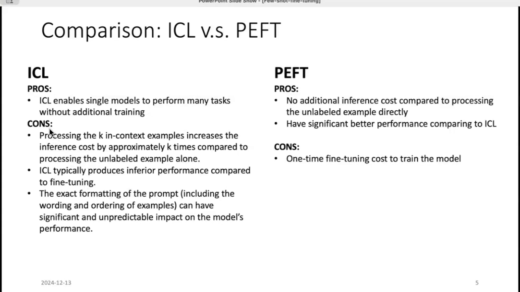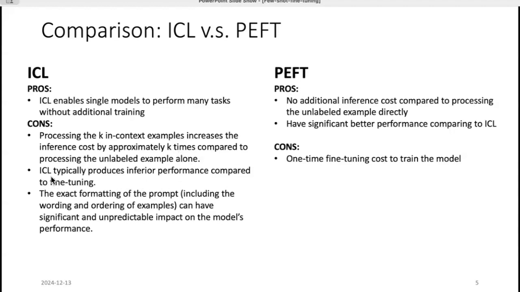The cons of ICL are that the inference time will increase if you provide more in-context examples, and the inference cost will also increase. Most of the APIs charge based on how many input tokens you query the LLM with and the number of output tokens. So if you include a lot of in-context examples, you are likely to increase your inference cost per query to the LLM.